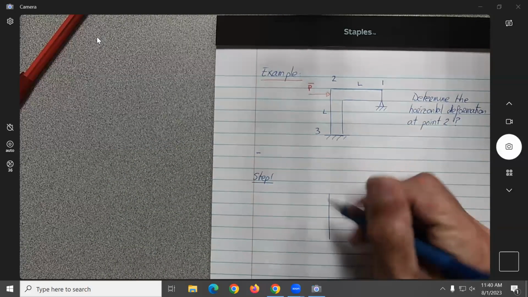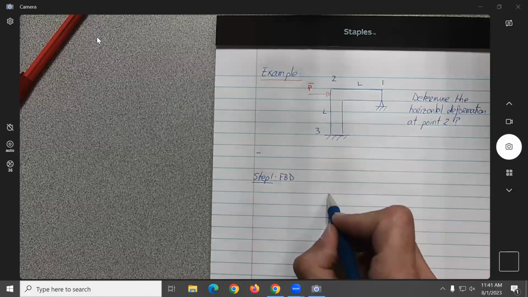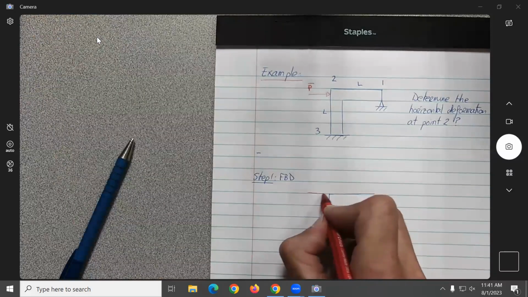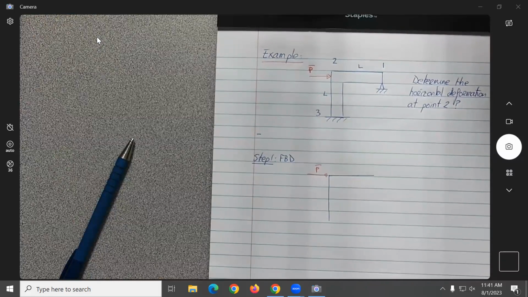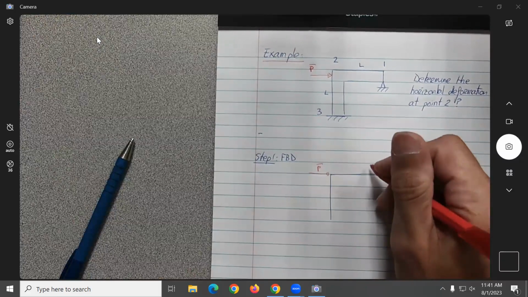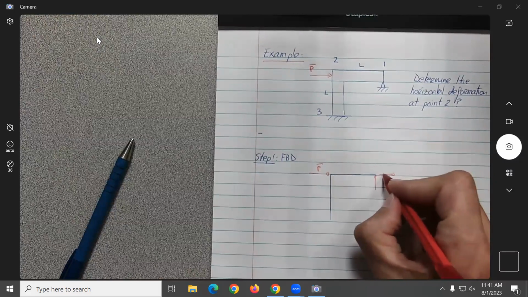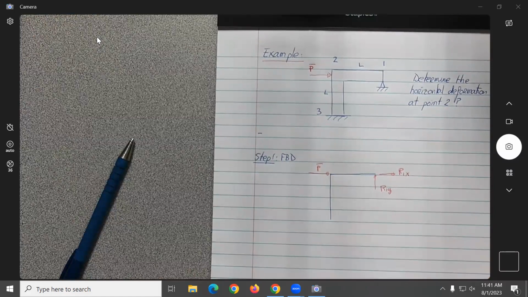Free body diagram, correct. If you do the free body diagram of this simplified, what will be the reactions at point 1? Let's say it would be R1X, and this would be R1Y.